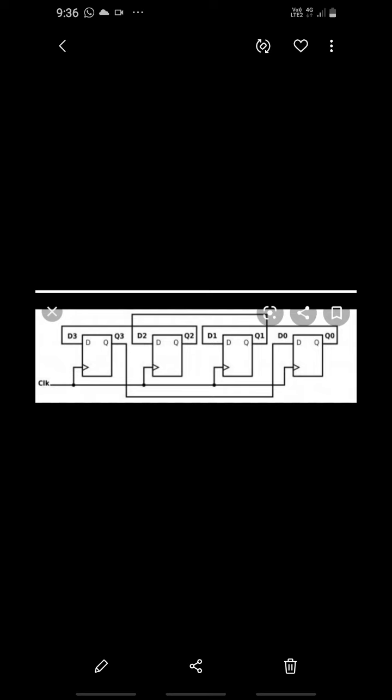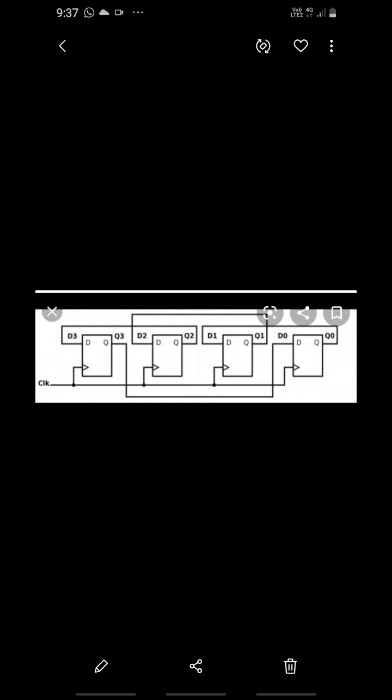The value present at Q3 is sent to the output of the third flip-flop and stored in it. The data bit present at D3 is stored in the last flip-flop.